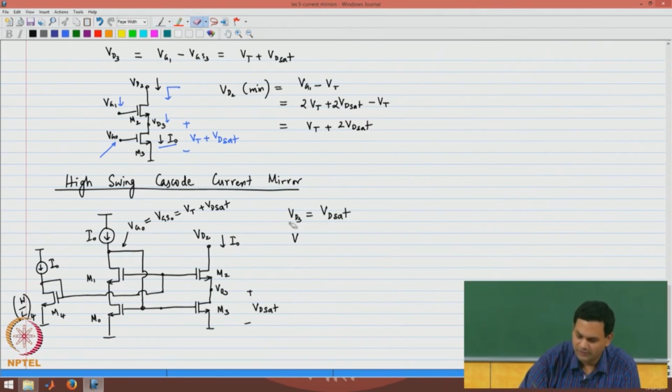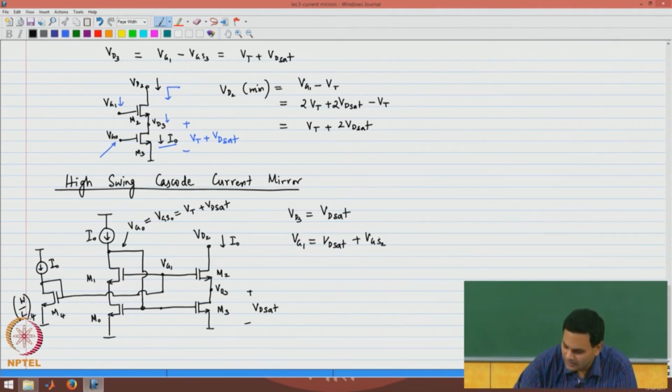Therefore, we want Vg1, which is this voltage, the gate of M1 and M2, to be at a voltage equal to Vd sat plus Vgs2. In other words, this should be equal to Vt plus 2 Vd sat.